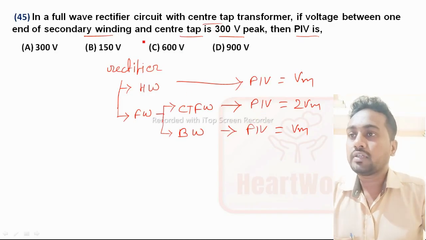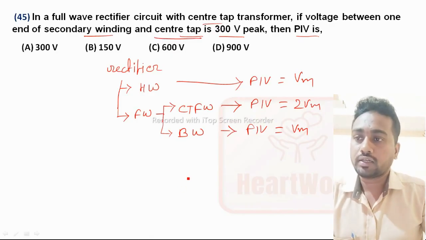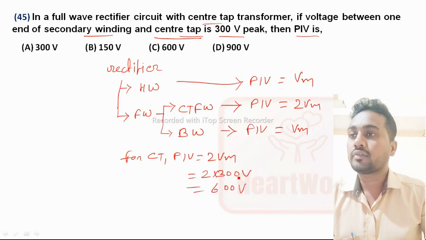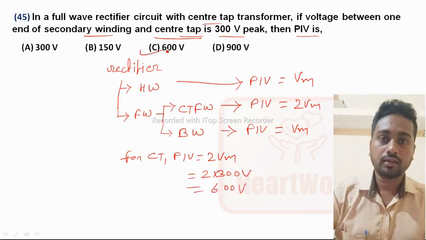Here we have a center tap, so PIV is 2 VM. The maximum voltage given is 300 volt, so 2 into 300 volt is 600 volt. Option C is the right answer.